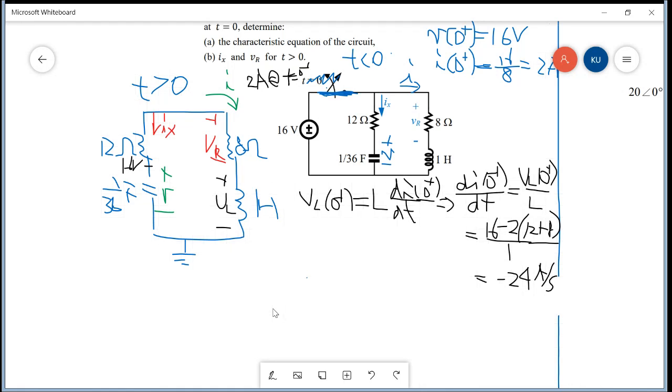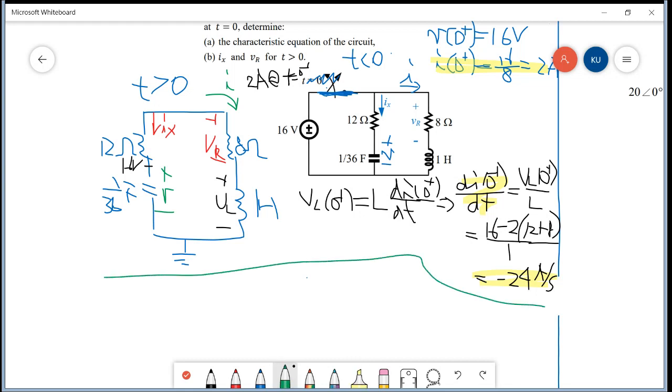So far we know that this is the initial condition. This is another one, I0 plus and di0 plus dt. So we can try to write the ODE describing this circuit, and actually it won't be very difficult.